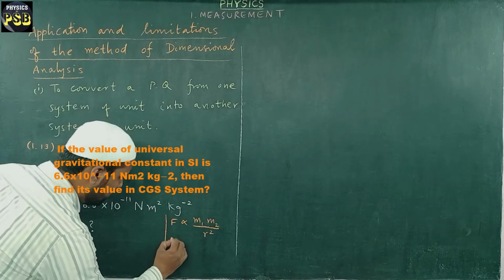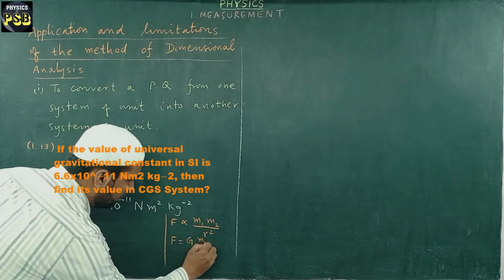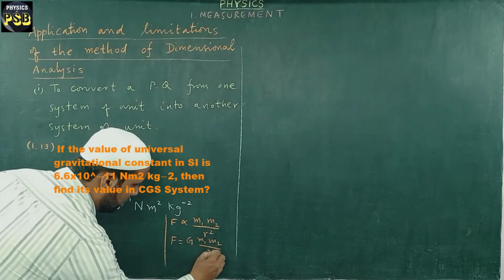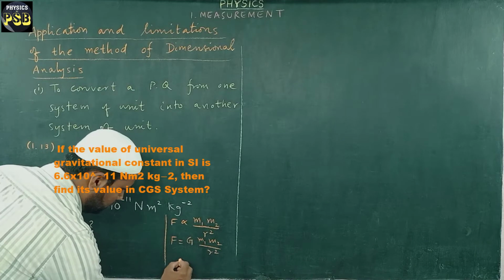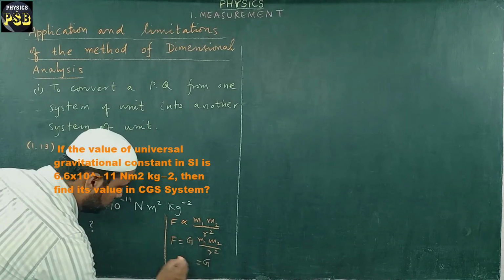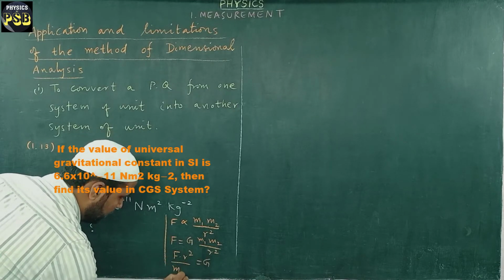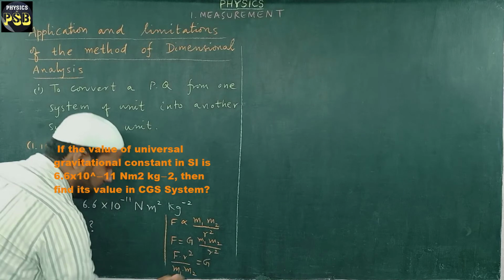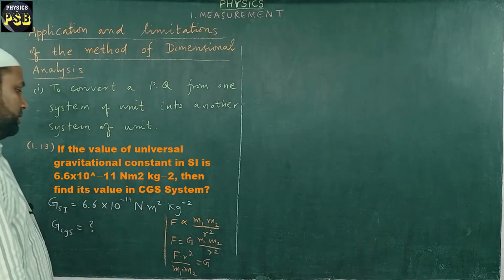So this can be written as F is equal to G into M1 M2 upon R square. Now from this, the G value is equal to F R square upon M1 into M2. By cross multiplication, we get the value of G.